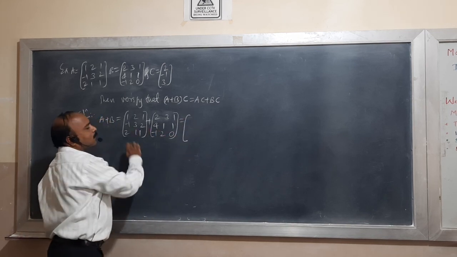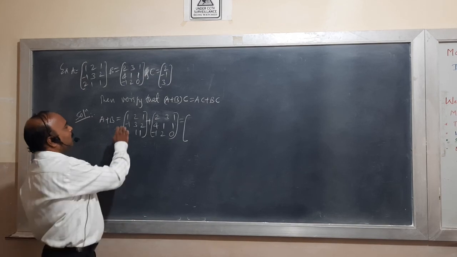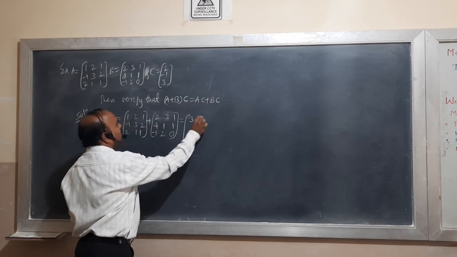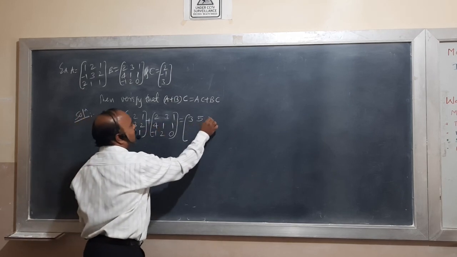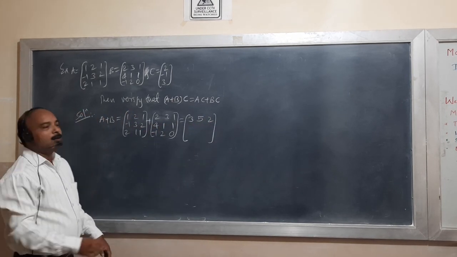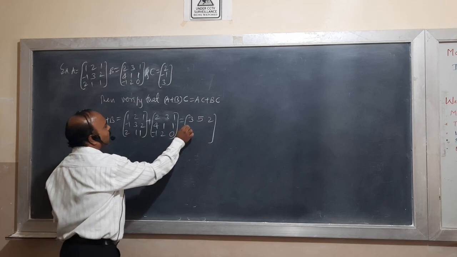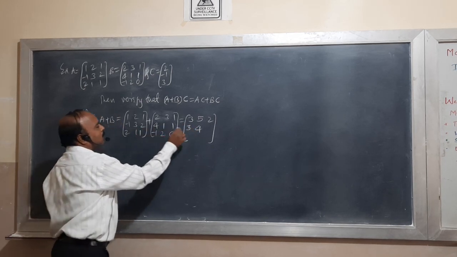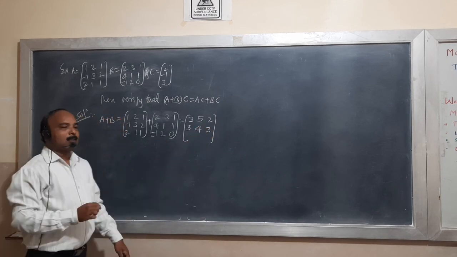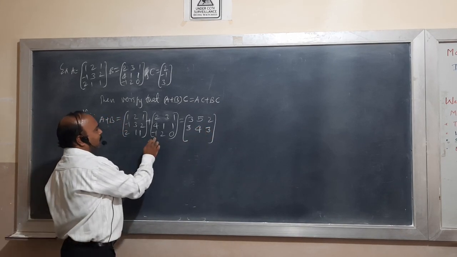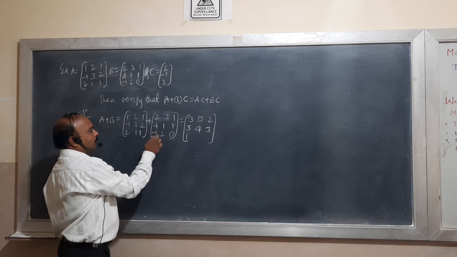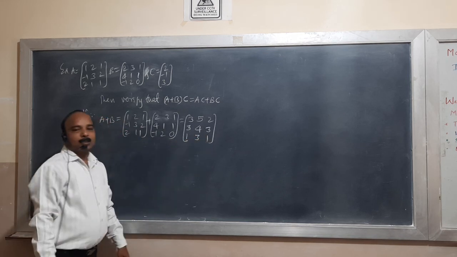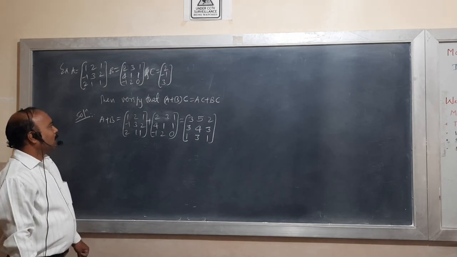This is equal to, add corresponding elements: 1 plus 2, 3, 2 plus 3, 5, 1 plus 1, 2. Second row, minus 1 plus 4, 3, 3 plus 1, 4, 2 plus 1, 3. Third row, 2 plus minus 1 is 1, 1 plus 2, 3, 1 plus 0, 1. It is matrix A plus B.